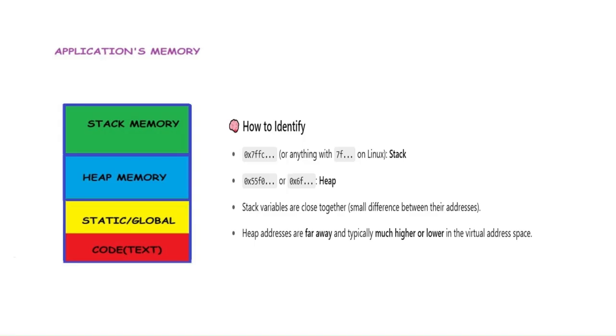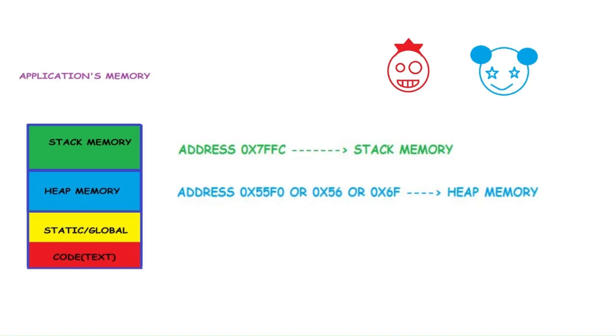Because basically the stack memory region is lying on a higher address, and the heap memory region is lying on a lower memory address. So to recap, any address like 0x7ffc is gonna be linked to the stack memory section, whereas an address of 0x55f0 or 0x56 or 0x6f is gonna be an indicator of the heap memory region.